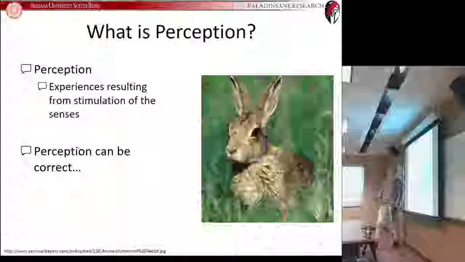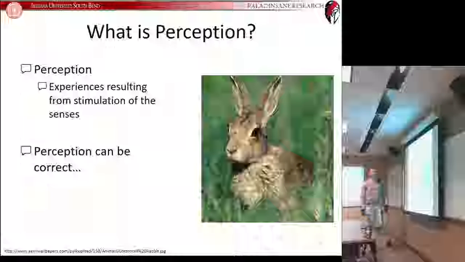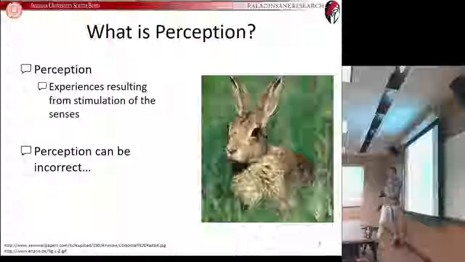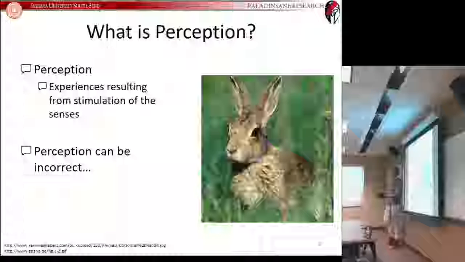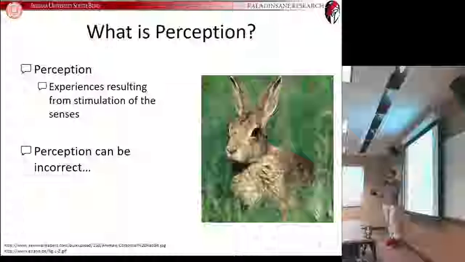So usually our perceptions are correct, but they can also be incorrect. And this oftentimes gives us real insight into how our perception works. So one of the basic principles of experimental psychology is that you oftentimes learn more from the errors than you do from when people do things correctly.